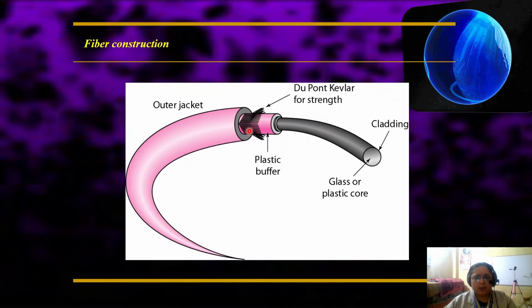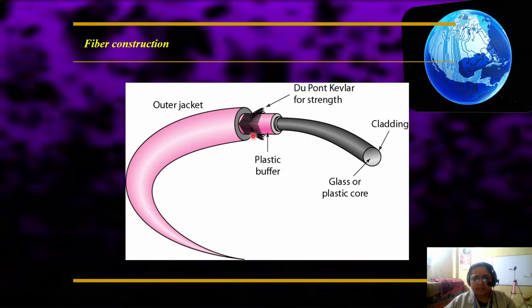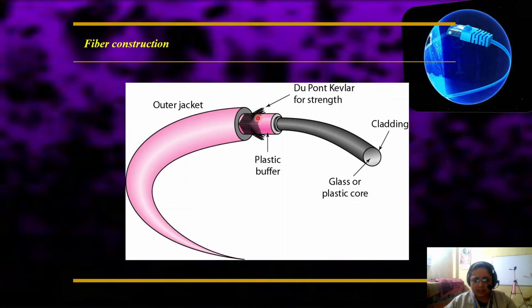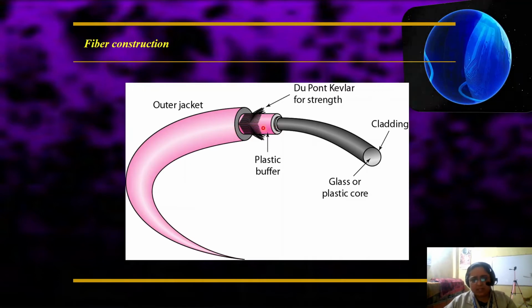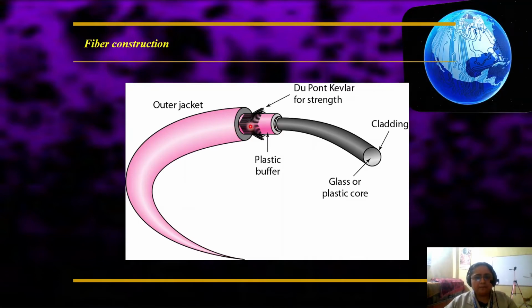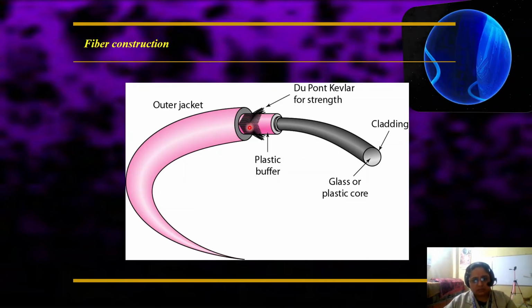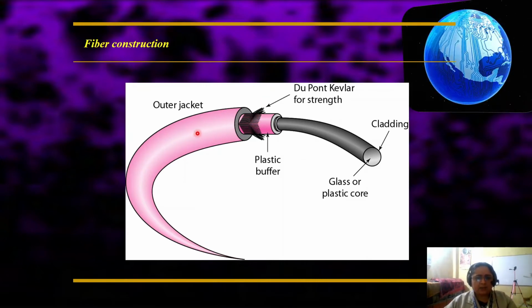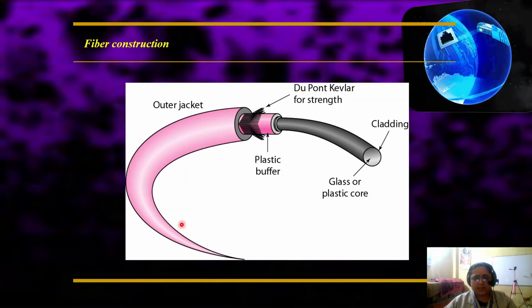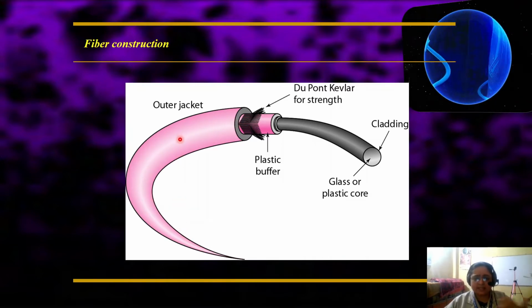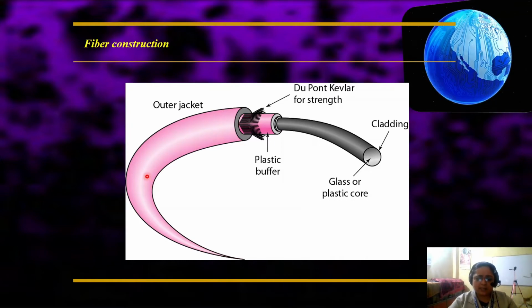And you have DuPont Kevlar, which is a special material used for providing extra strength to the cable, as well as for making the cable less susceptible to noise or disturbance from external sources. And you have an outer jacket which protects as well as encases the entire fiber optic cable.